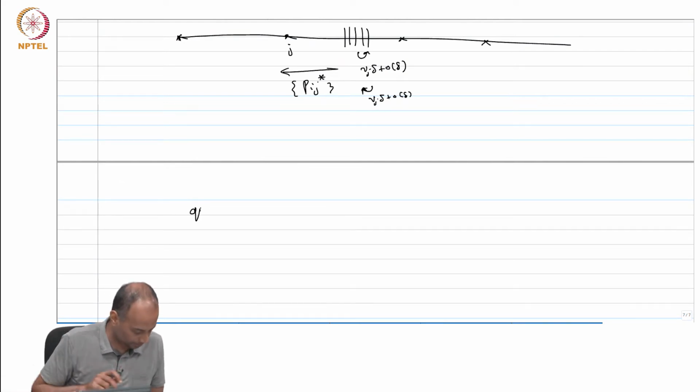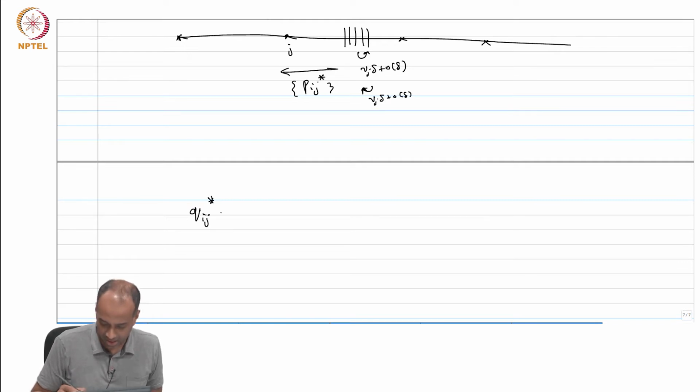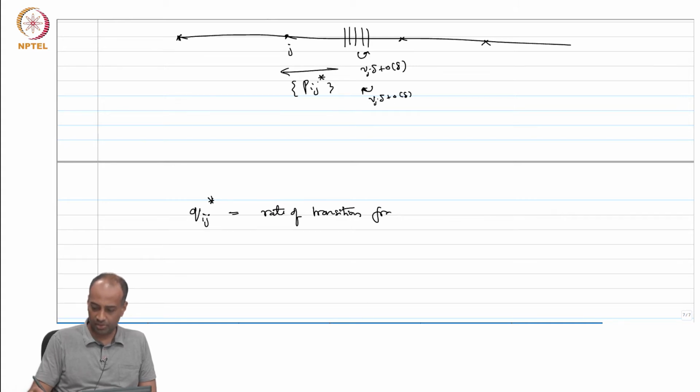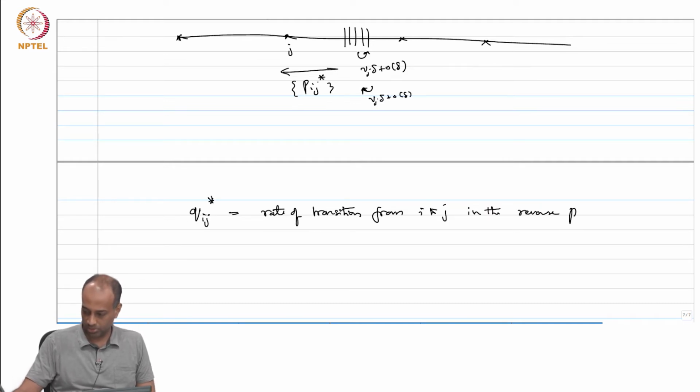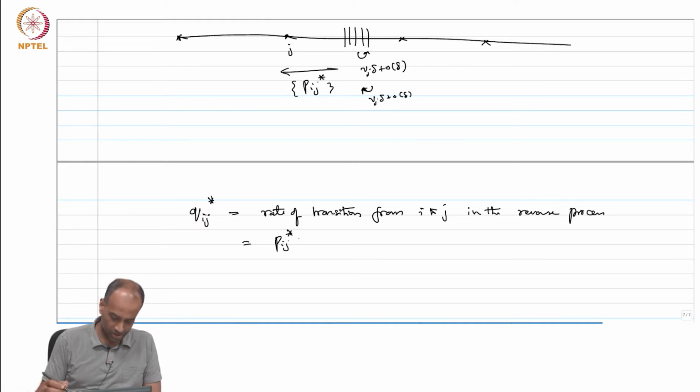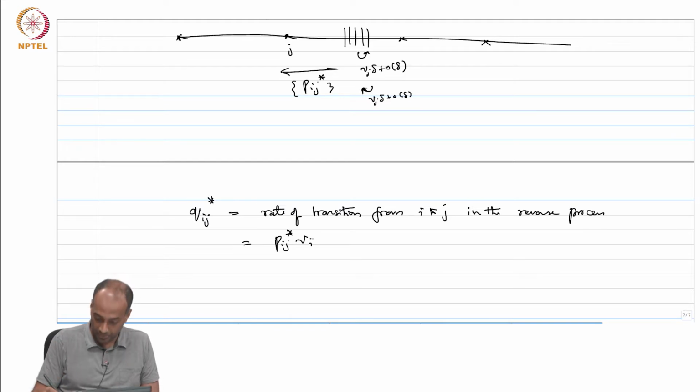If you look at q_ij star, which is the rate of transitions from i to j in the reverse process, this is just p_ij star times nu i, sorry, nu i, because you are going from i to j.